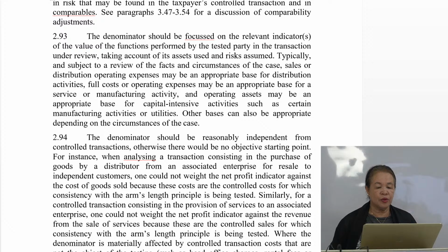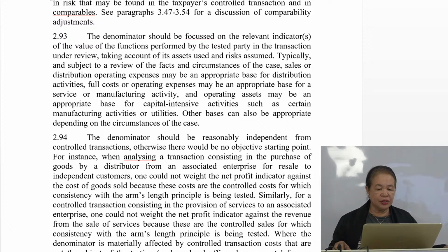Full cost or operating expenses may be an appropriate base for a service or manufacturing activity, and operating assets may be an appropriate base for capital-intensive activities, such as certain manufacturing activities or utilities. So, those are asset-intensive. Other bases can also be appropriate depending on the circumstances of the case.